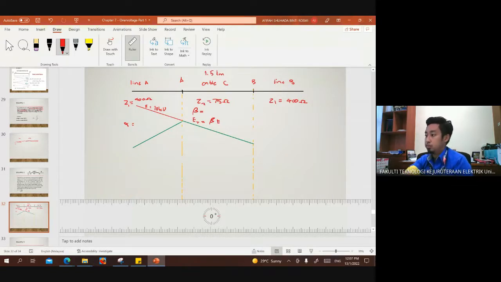Betul. Yang tu nilai beta 0.316. Transmit kan? 0.316. So berapa nilai transmit dia?